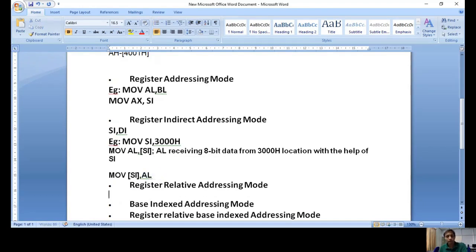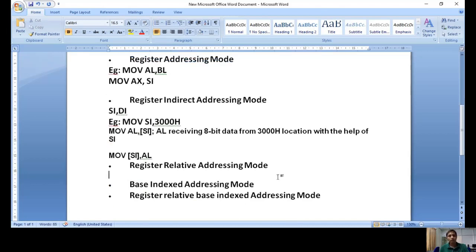Coming to the next one, register relative addressing mode. It is like register addressing mode only, but here we are adding an 8-bit or 16-bit address to the indirect register. Remember, in register relative addressing mode, the overall address is the address of the index register plus an 8-bit or 16-bit address.